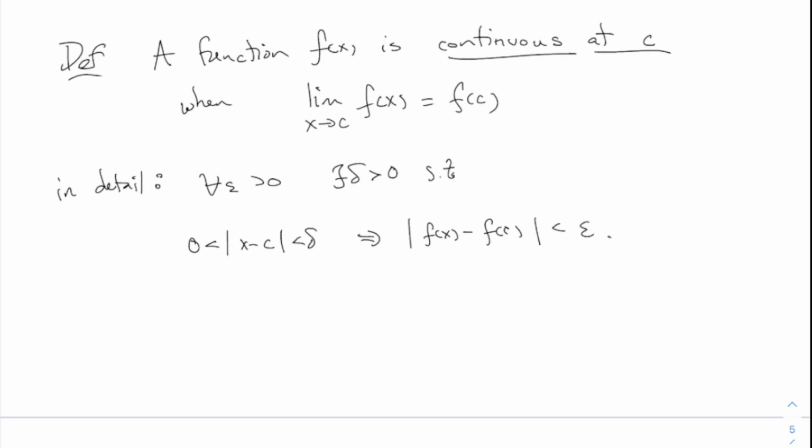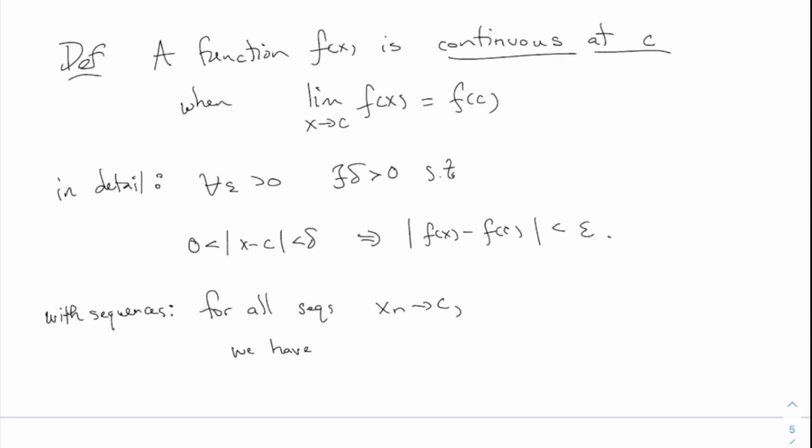There is one more version. These are equivalent. Another version with sequences: for all sequences xn approaching c, the sequence version would be, if the xn's are approaching c, can anyone say what the conclusion would be?